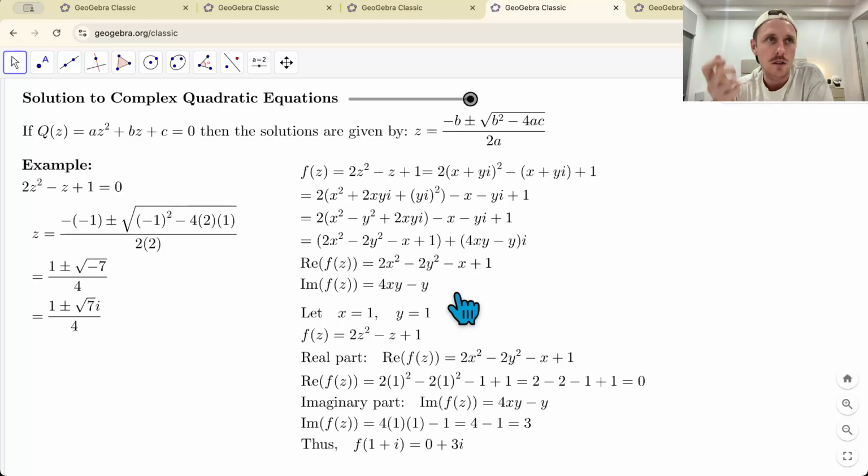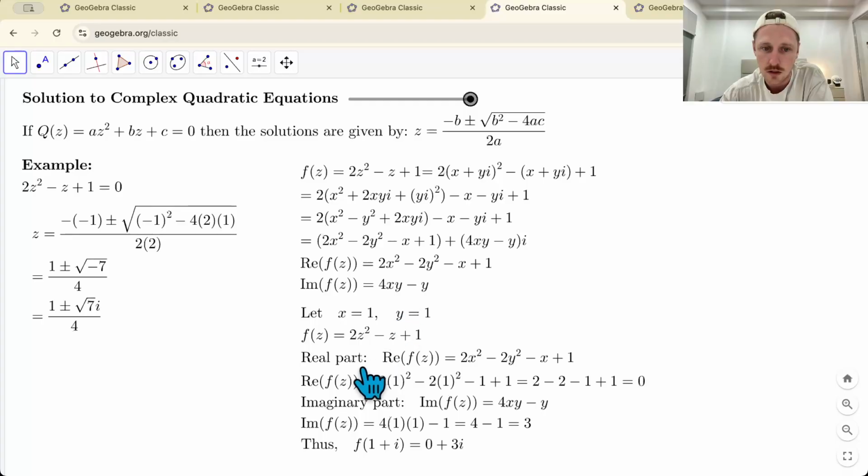Okay, and to really get a feel for what's going on here, I just wanted to pick some numbers. So let's pick values, just like you would pick values if you wanted to test where a point is on a regular parabola or quadratic. Let's do that in complex land. So let's say that x is 1 and y is 1. We know that the real part evaluates to this, so we substitute 1 in, and that turns out to be 0.